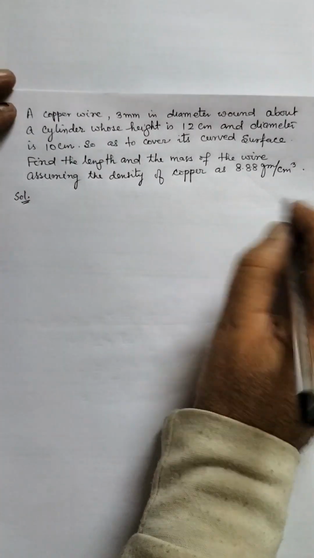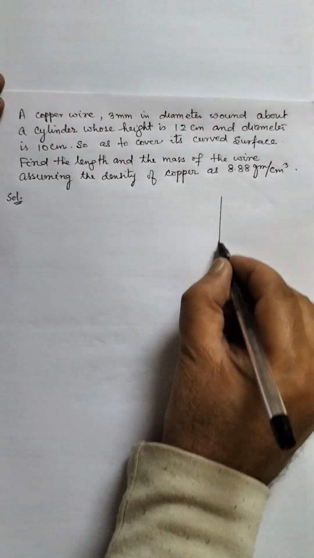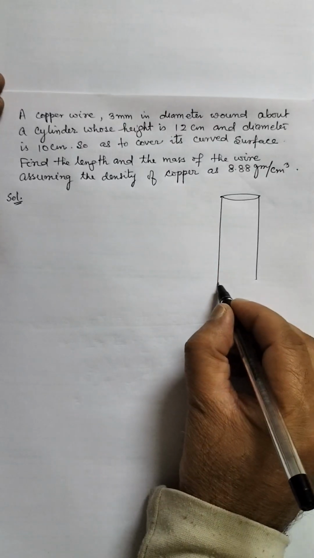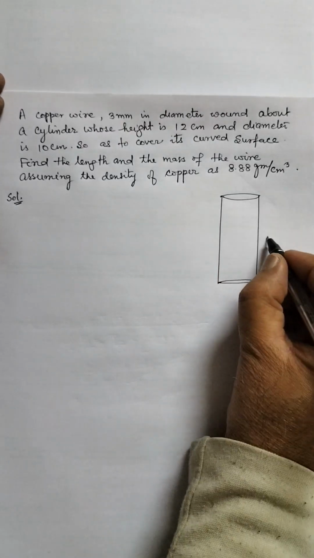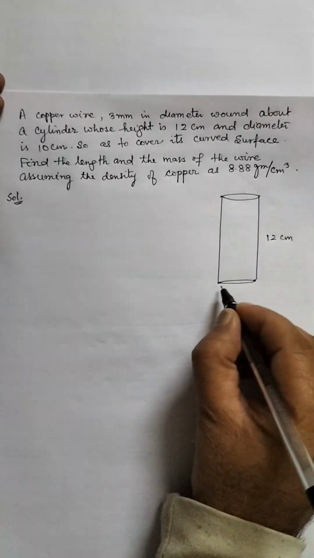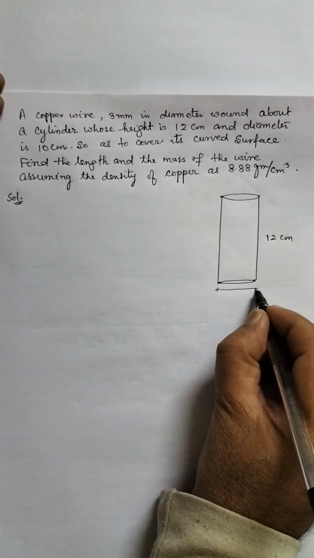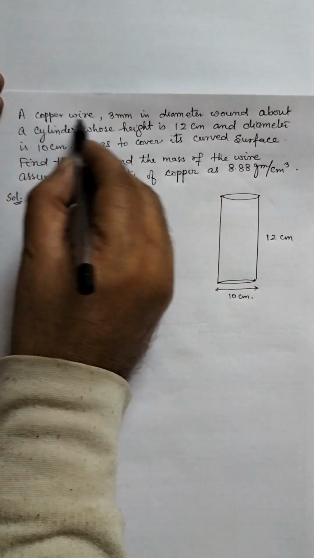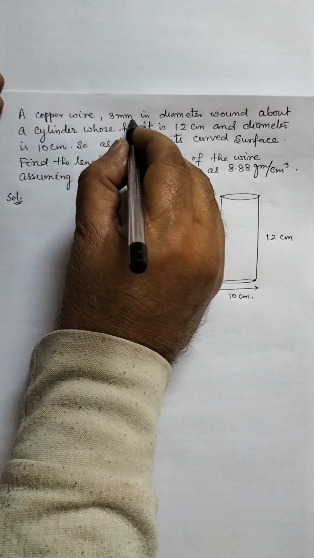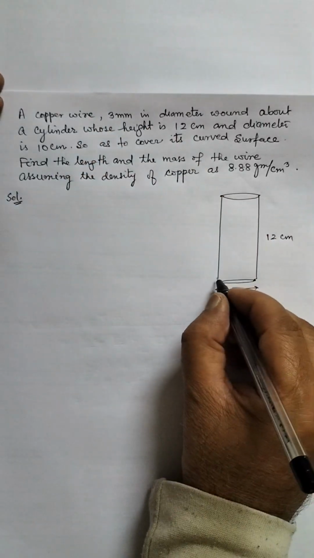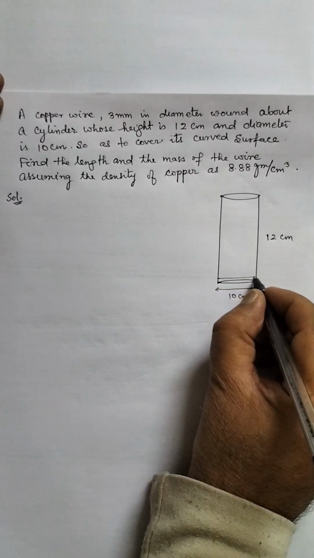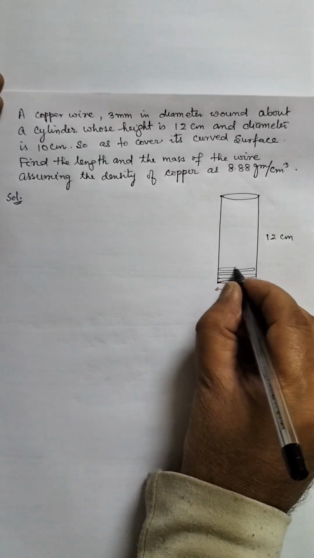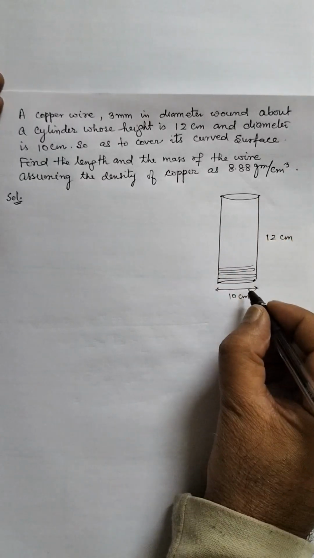There is a cylinder. Suppose, let us consider this is a cylinder of height 12 centimeter and its diameter is 10 centimeter, and a copper wire whose diameter is 3 millimeter is wound around this way, this way, this way, simply to cover the entire curved surface.